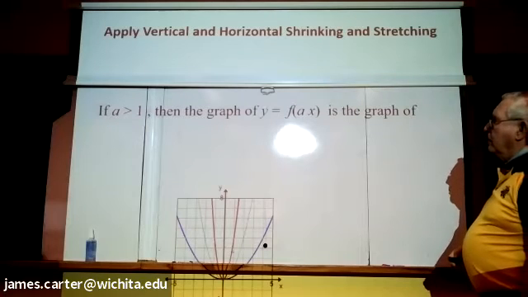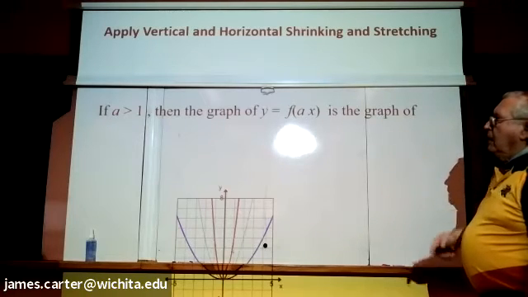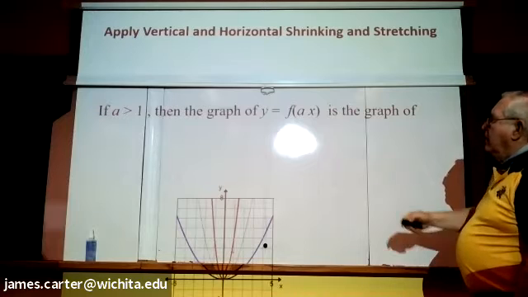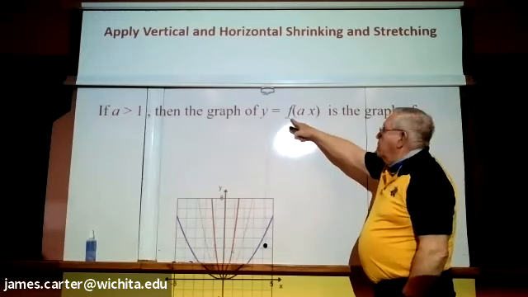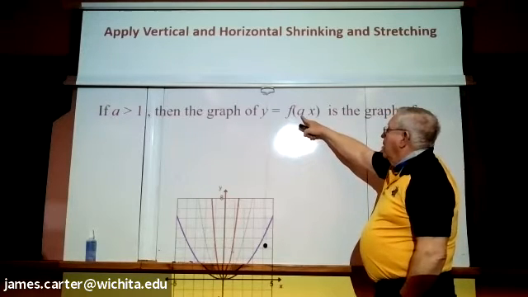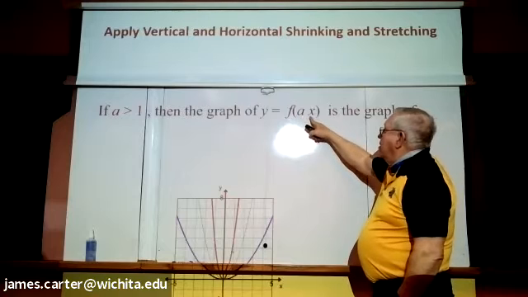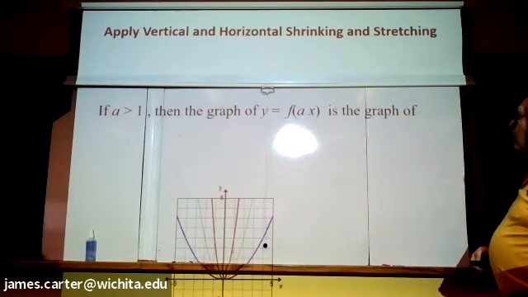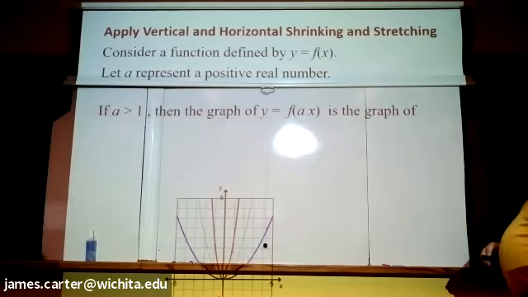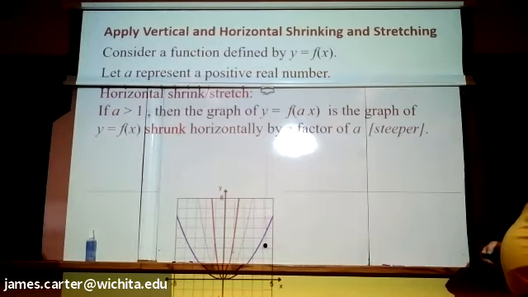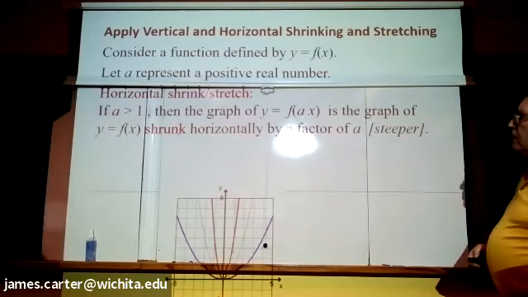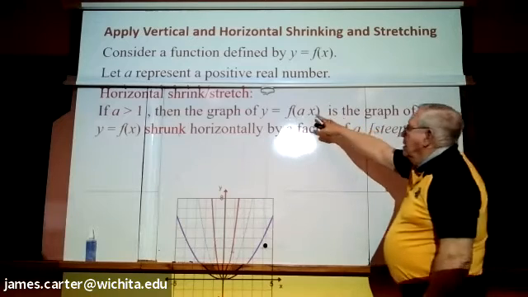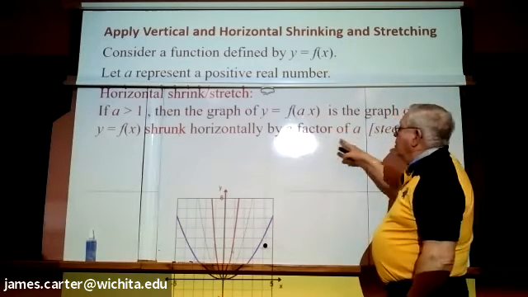Okay, here's another. If a is greater than 1, that means it's a positive number. This time, notice our notation is different. This time, the a is inside the parentheses instead of out front like it was before. Now, look what's going to happen. This is going to be shrunk horizontally.